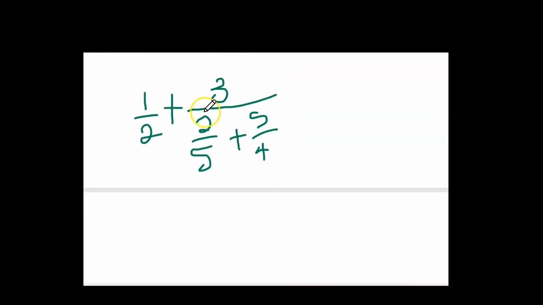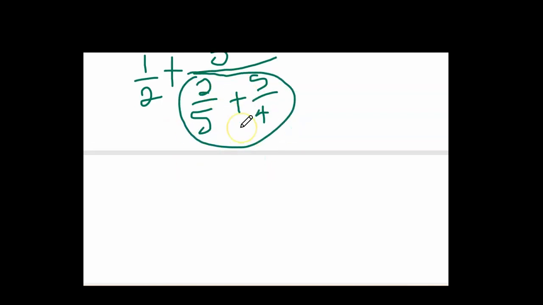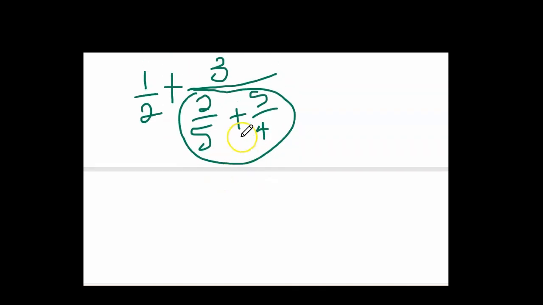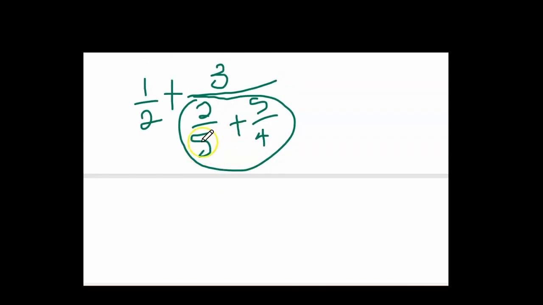Now at this point we can handle a whole of this because they are now at the same line. So we're going to handle a whole of this fraction. We can give it a common denominator of 5 and 4, so that will be 20. 5 into 20 will give us 4, we multiply 4 by 2, that will give us 8.